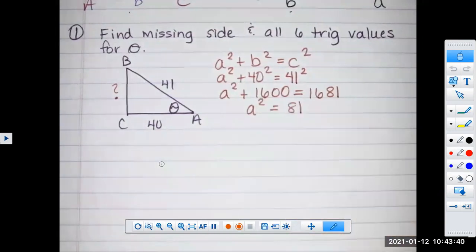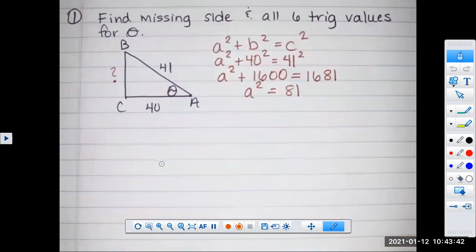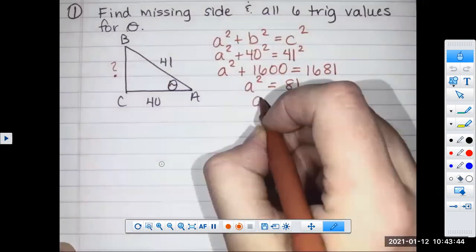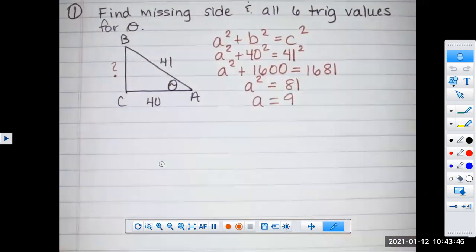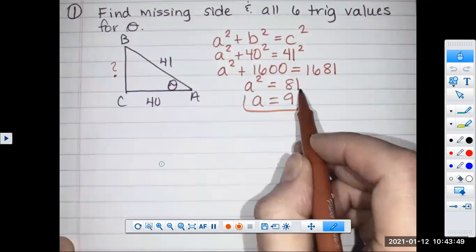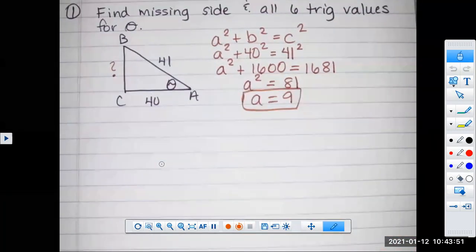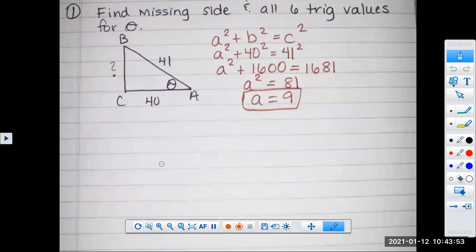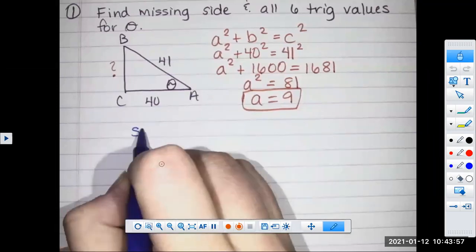So the missing side is what? 9. Okay, now that we know the missing side, we can find all 6 trig values for theta.